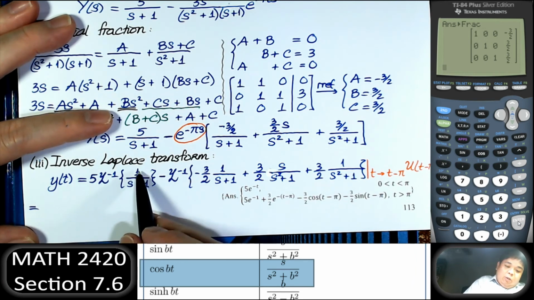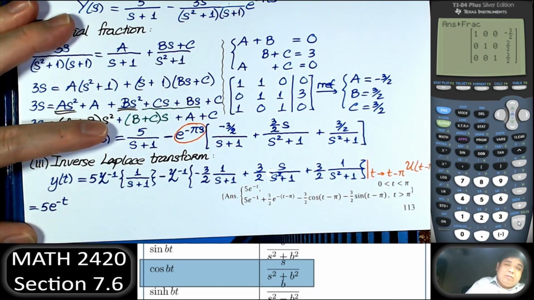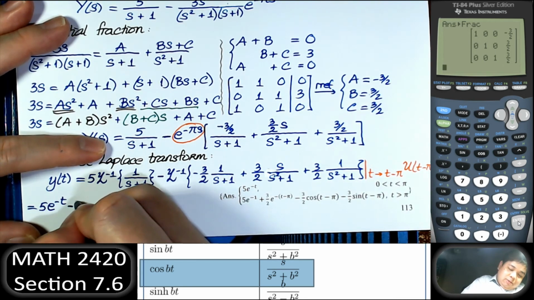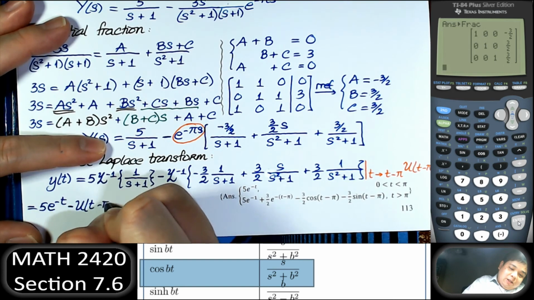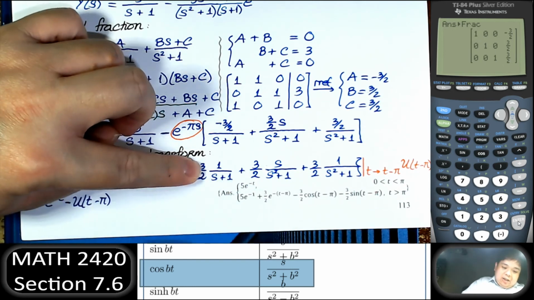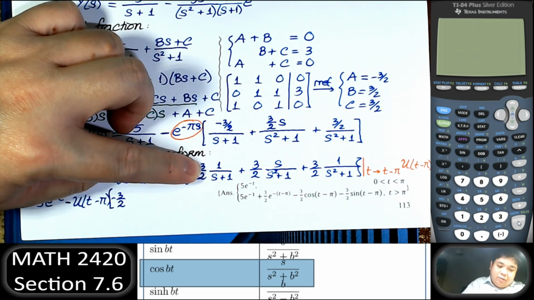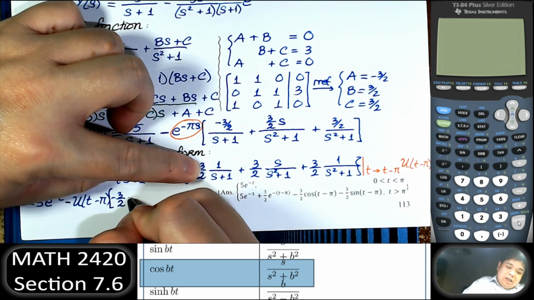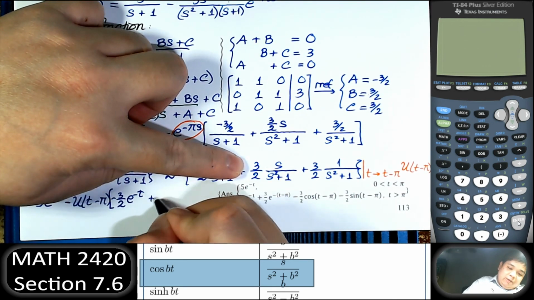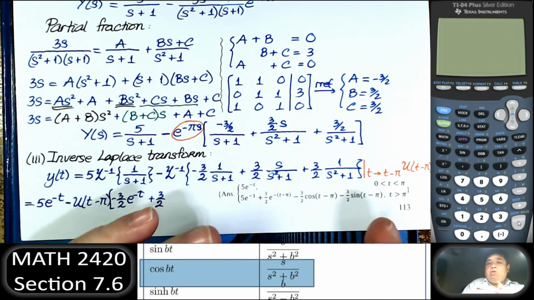Transform of 1 over s plus 1, that is e to the negative t, and now we have negative u of t minus pi. Right, now we just transform the rest. Negative 3/2 transform of 1 over s plus 1 is e to the negative t, plus 3/2 s over s squared plus 1, that is an odd function.